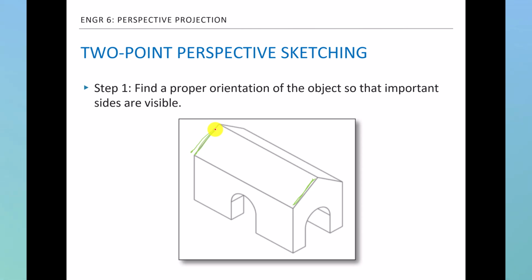So the first thing you want to do, because this gets more complex, is to first construct a bounding box. Okay, so a bounding box is a box that fits the object snugly.